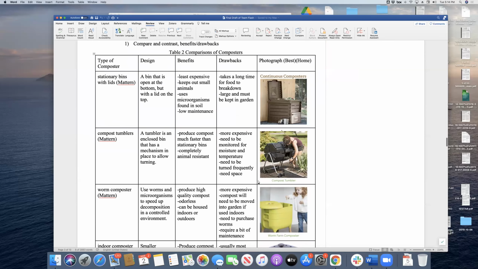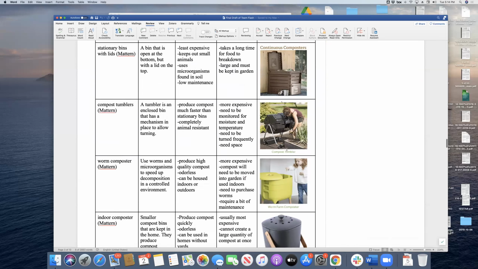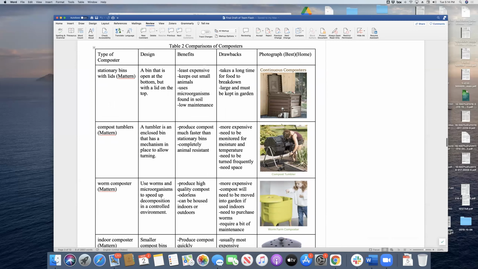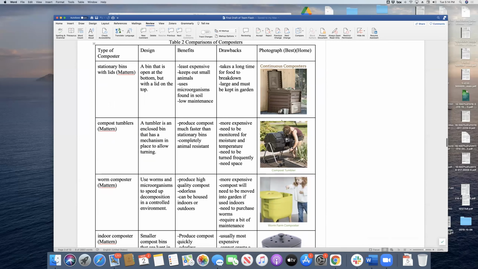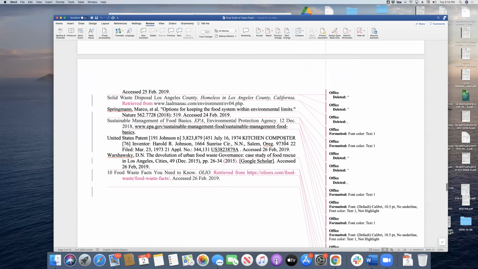So this is just basically table analysis. They did all that, so they come up with different forms of systems you can buy, and the advantages and disadvantages of these compost making systems. They have references, all that. So this is their project.